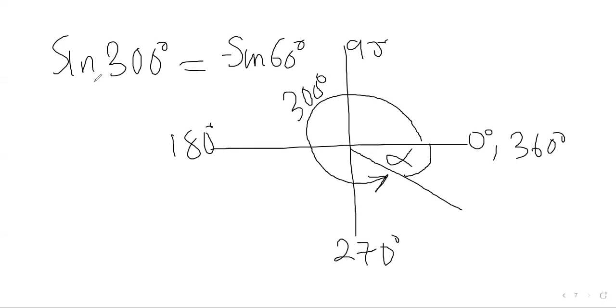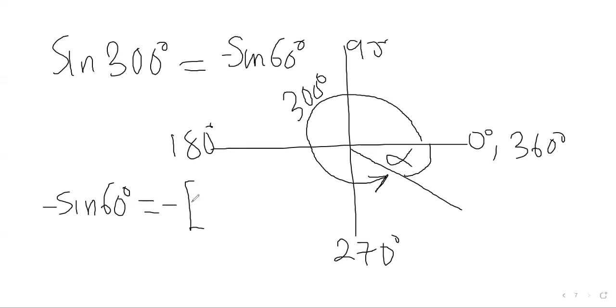So when you go to your calculator, sine of 300 degrees is equivalent to negative sine of 60 degrees. But for negative sine of 60 degrees, you can now find the exact value because these are special angles. You are getting this from the equilateral triangle.